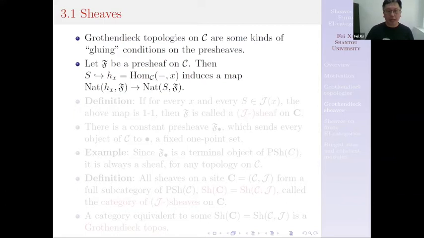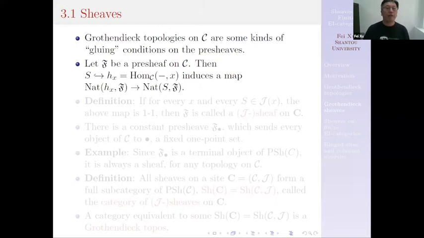an object X, then by definition, S is always a subfunctor of the representable functor. So the inclusion induces a natural map between the sets of natural transformations.